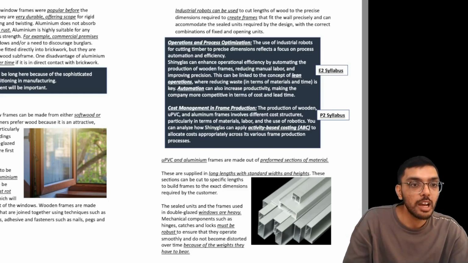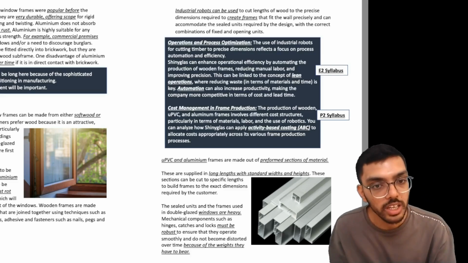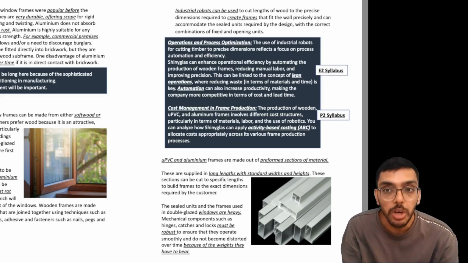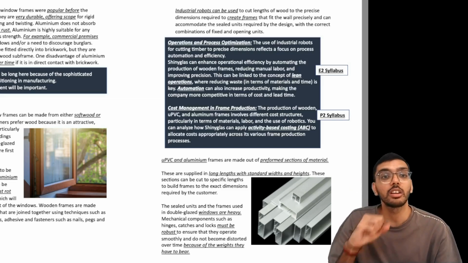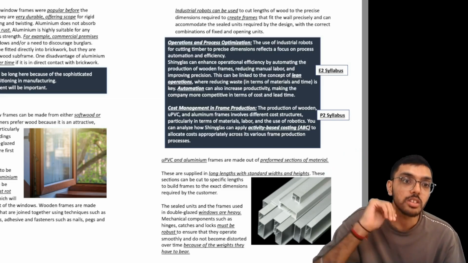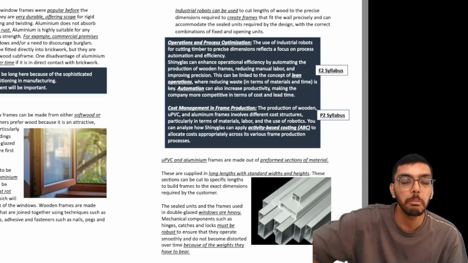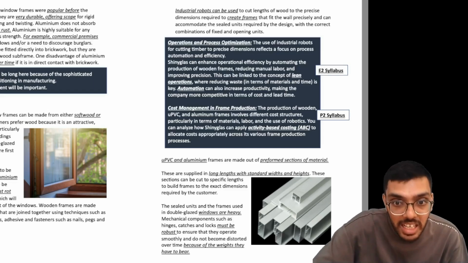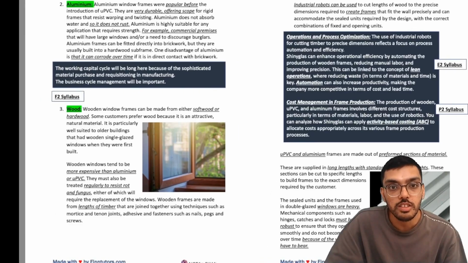One disadvantage of aluminum is that it can corrode over time if it is in direct contact with brickwork. So also the working capital cycle will be long here because of the sophisticated material purchase. You are purchasing the material, you are manufacturing, then you are giving it to the customer. So the business cycle management will be important, and capital need is again very clearly evident in this situation.